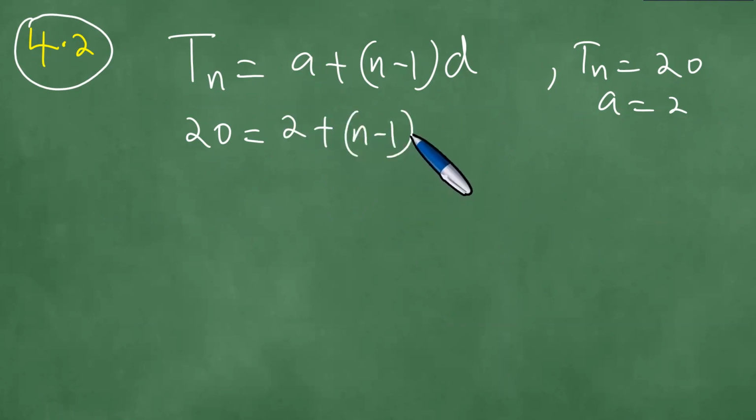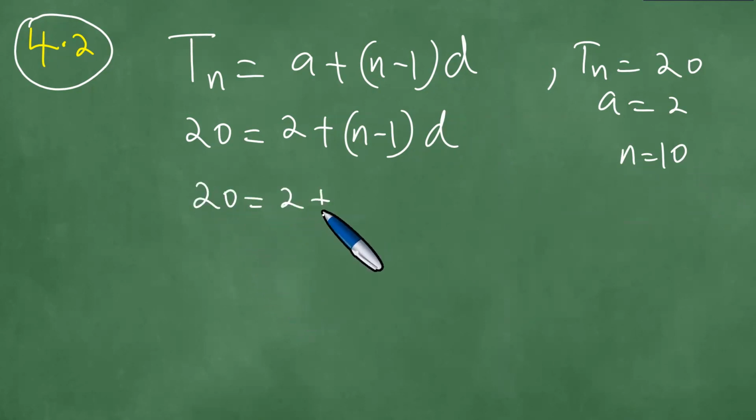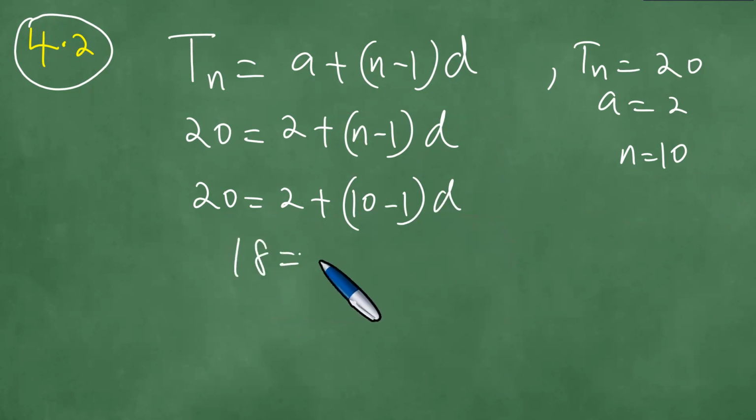The common difference is what is wanted, but we know that n is 10, which means we have this. 20 minus 2 is what? 18. 18 equals 9D.